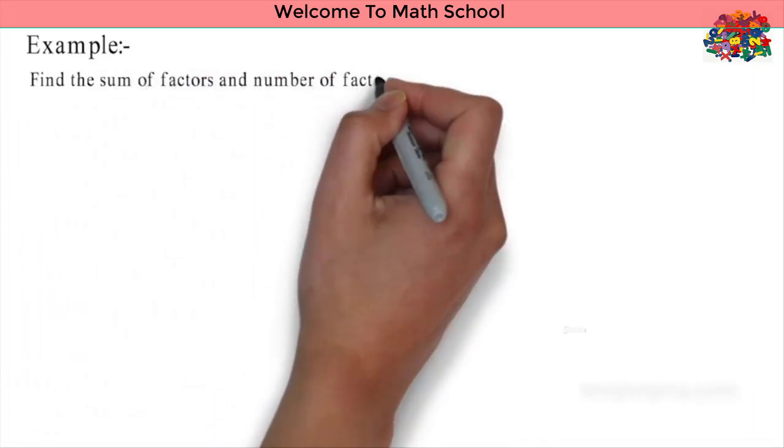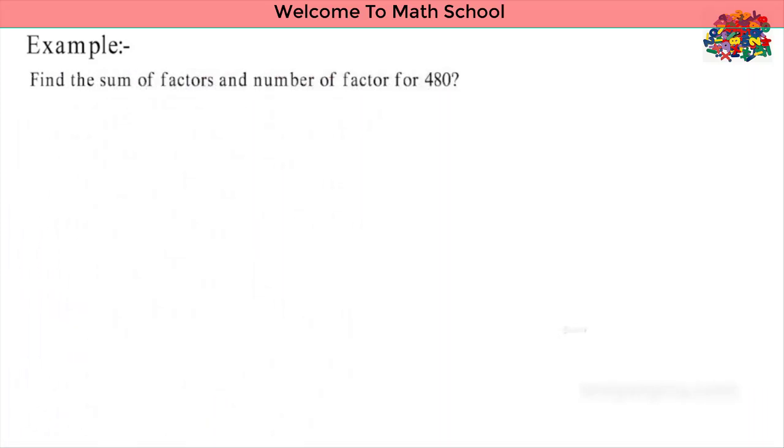So let us see a small example now. Find the sum of factors and the number of factors for 480. When you are finding the sum of factors and number of factors, the first thing you have to do is divide the given number into prime factors.